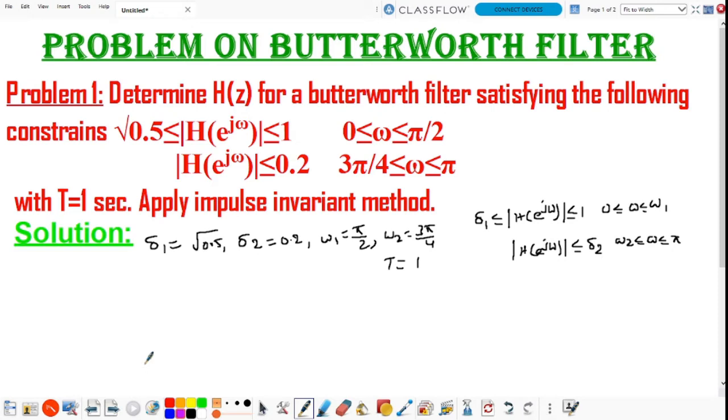Step 1. Using the impulse invariant transformation method, determine the ratio of analog frequency. So now we are given which technique is there: impulse invariant technique.